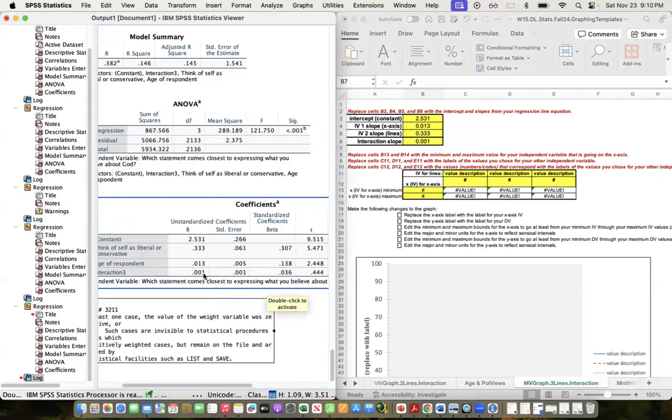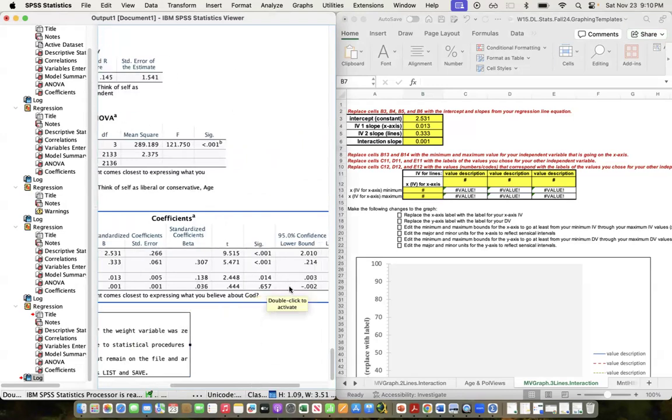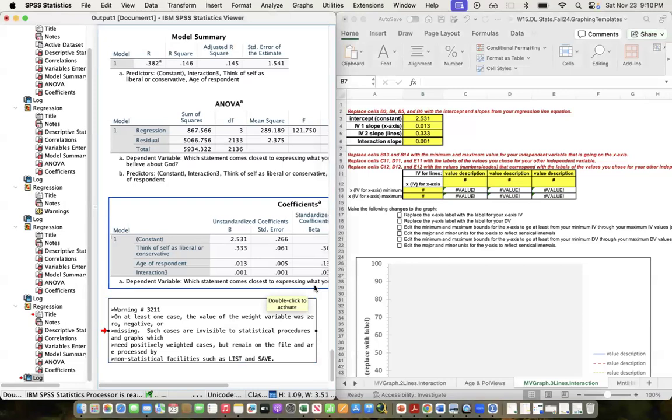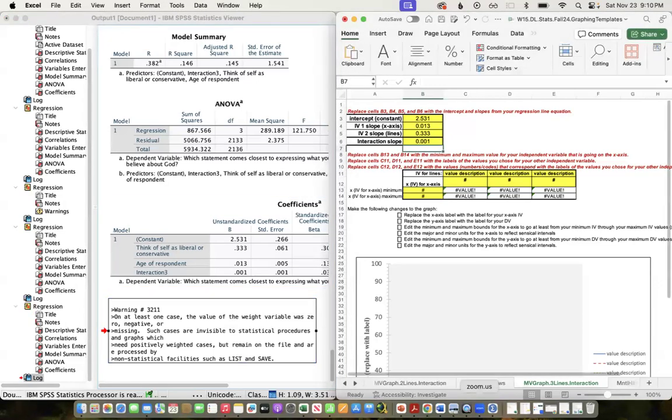So you can see it's pretty small here, and we're not confident it's not actually zero. So that means that the interaction of age and political views, we're not over 95% confident that among all US adults in 2022, it actually improves our predictions, that this actually matters. So this may look more similar to our last one, although again, our regression lines are based on sample statistics.